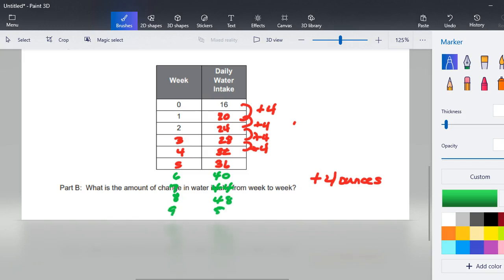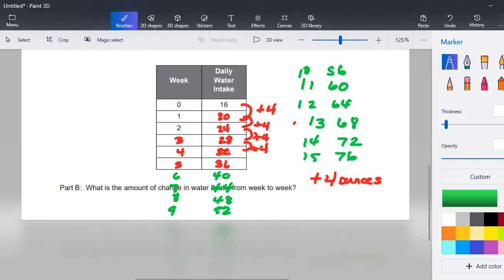I think you get the idea. And ta-da! 16 weeks using the table will get us to 80 ounces.